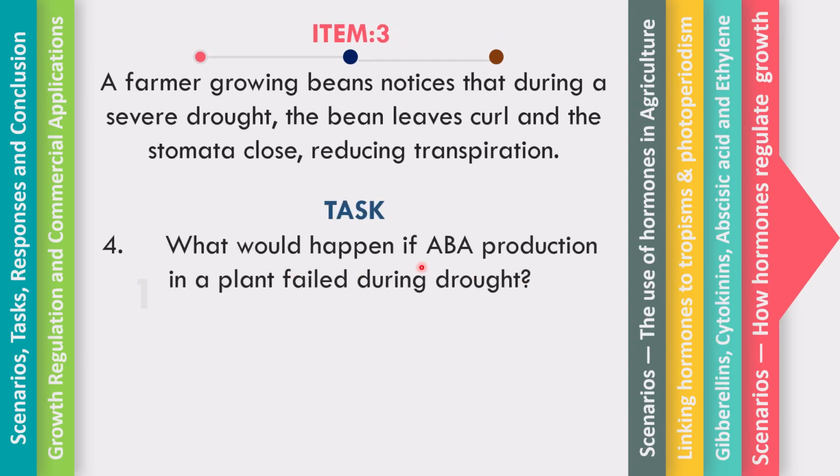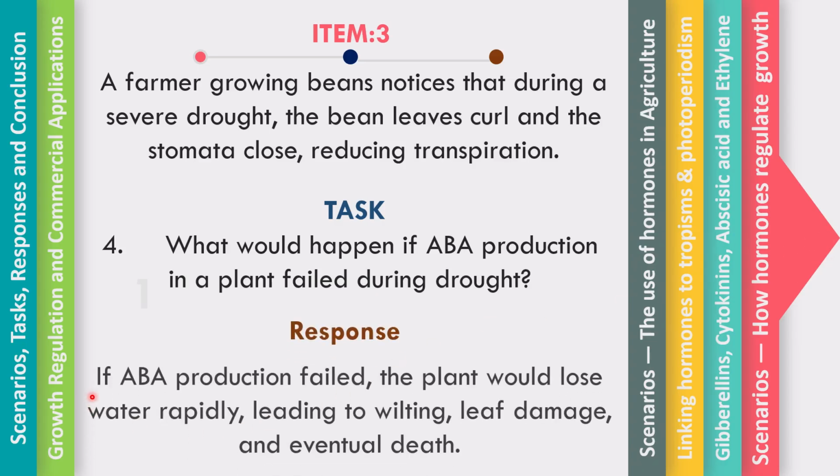What would happen if abscisic acid production in a plant failed during drought? If abscisic acid production failed, the plant would lose water rapidly, leading to wilting, leaf damage, and eventual death.